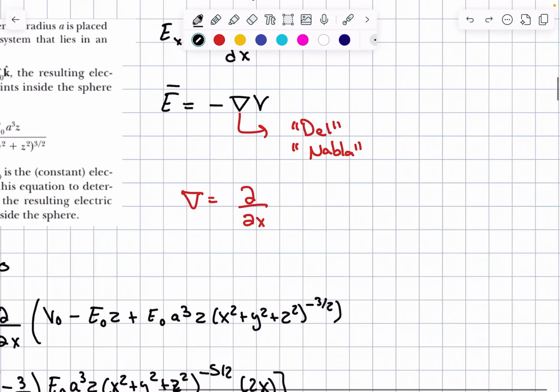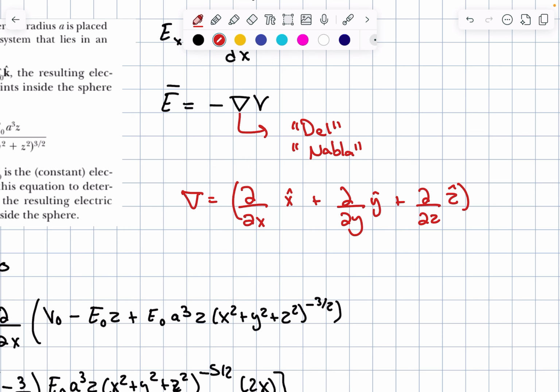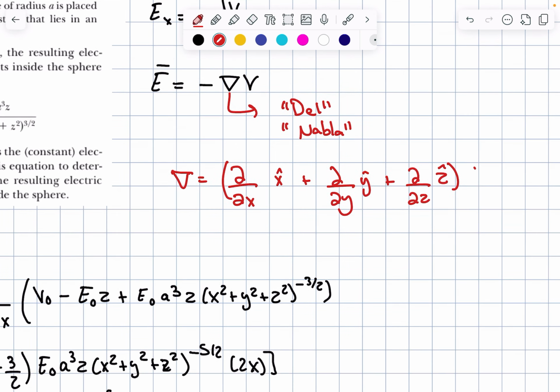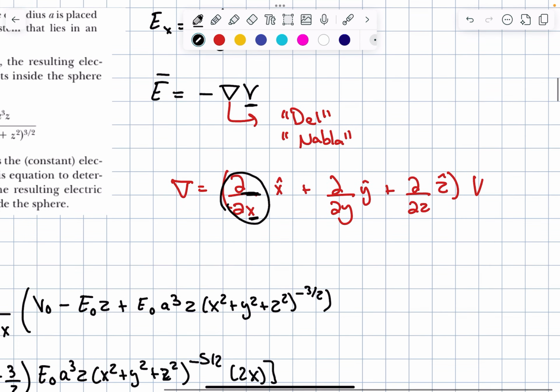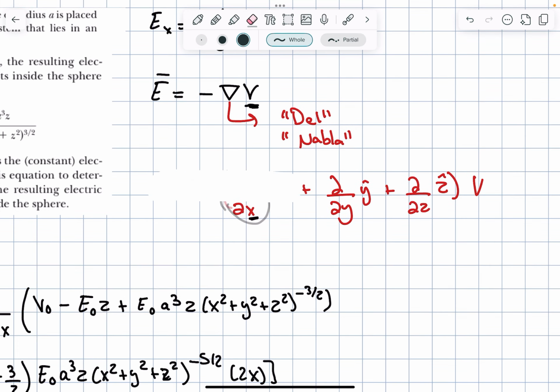So partial with respect to x in the x hat direction plus partial derivative with respect to y in the y hat direction, and then partial derivative with respect to z in the z hat direction, right? It's an operator, so you need to have something to the right for this partial to be acting on. It's like partial derivative of what with respect to x? Well, here it's a partial derivative of V, our electric potential.